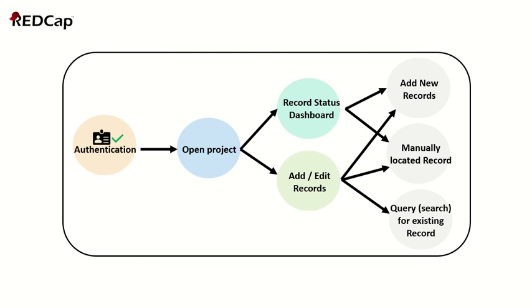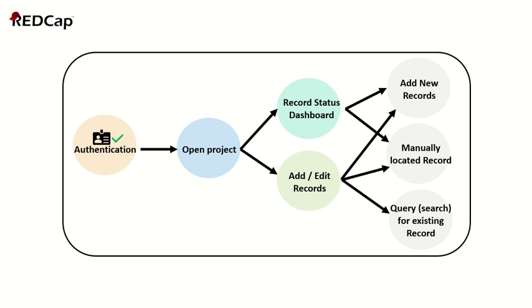When I get in, I have special permission to get into a specific project, via the user rights. I open that project. Now that I'm in the project, I have a few different options on what I can do. If I'm looking up an existing record, I can go to the Add Edit Records or the record dashboard.